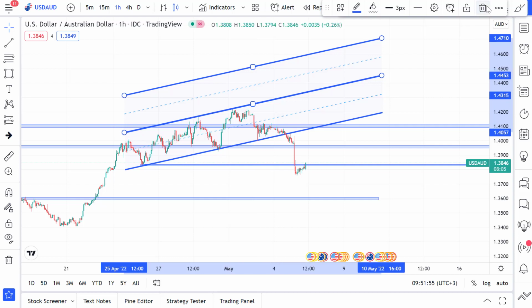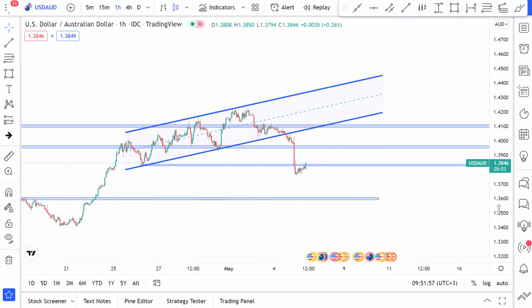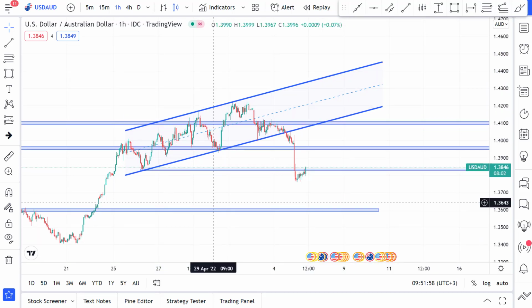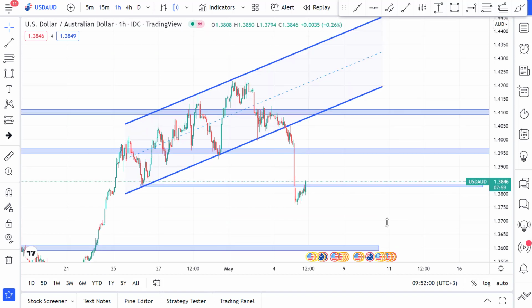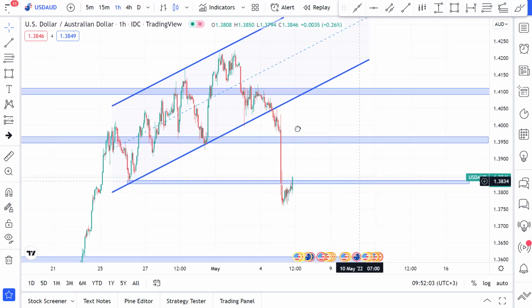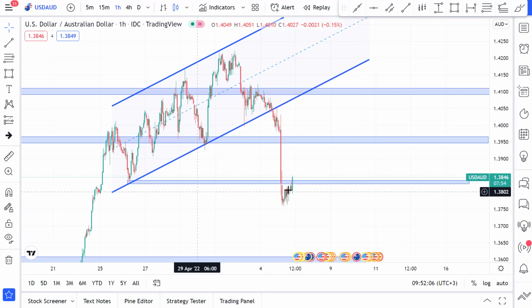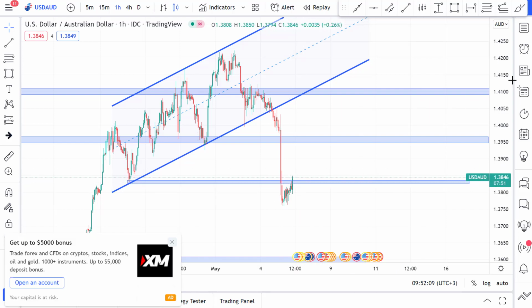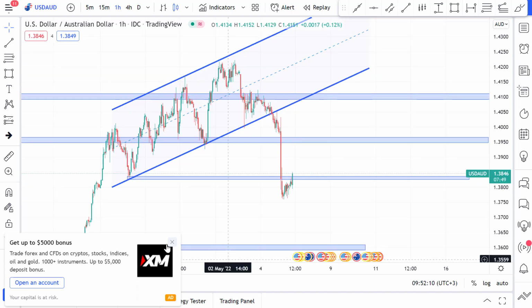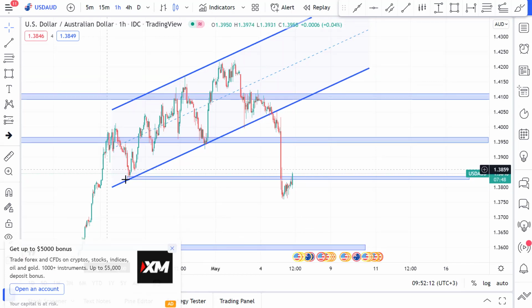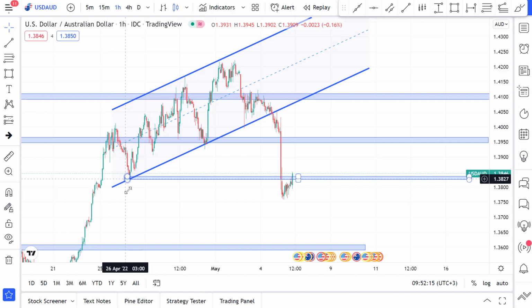Now we can just delete this, and what we had was this channel that we had a breakout from the bottom, and this zone we had some reaction to. Now I can extend it a little bit.